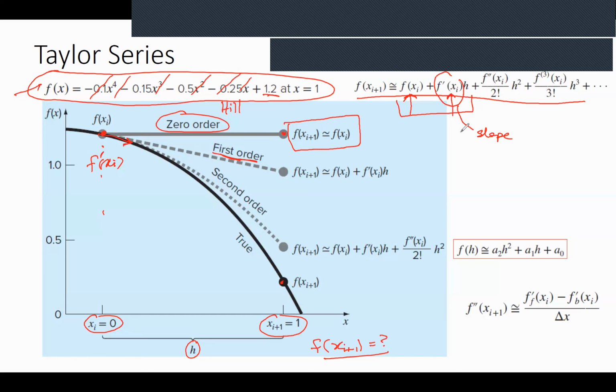If I use this, then I can simply determine the slope here somehow. Using this slope with this h, I can write down the value of the function at xi plus 1, which is the value of the function at xi plus the slope of the function times the step size h. Okay, so we got this value then.